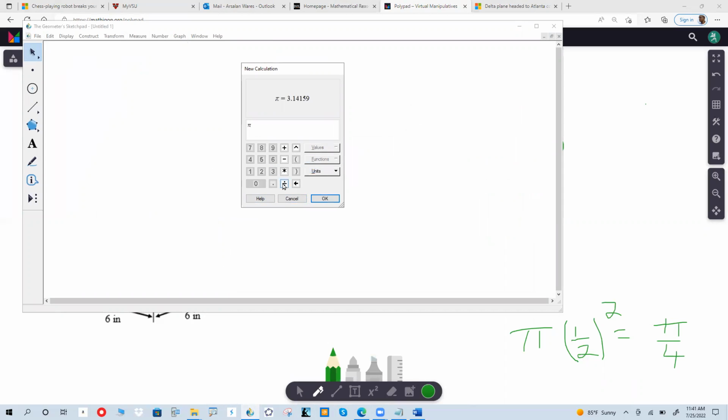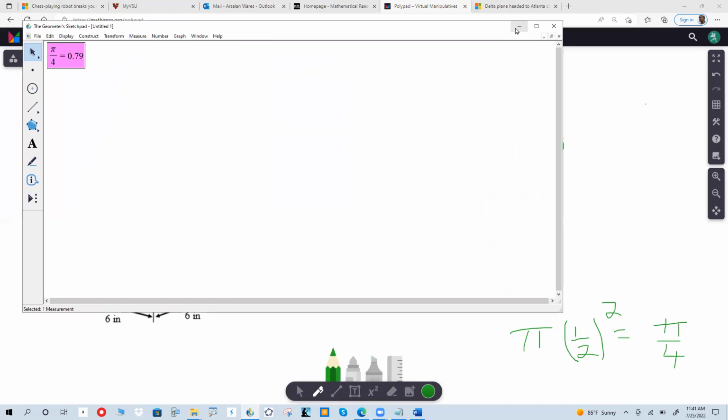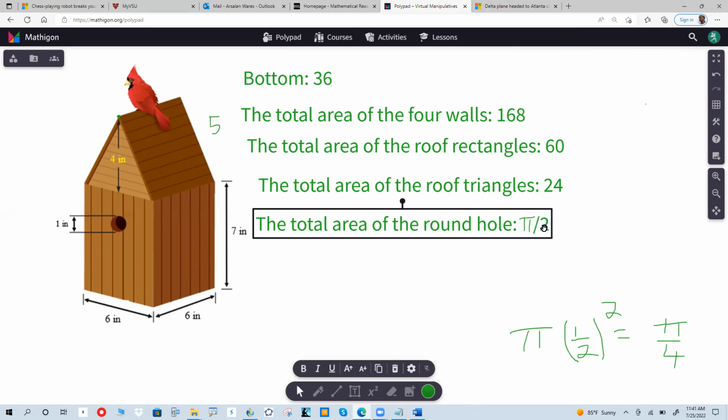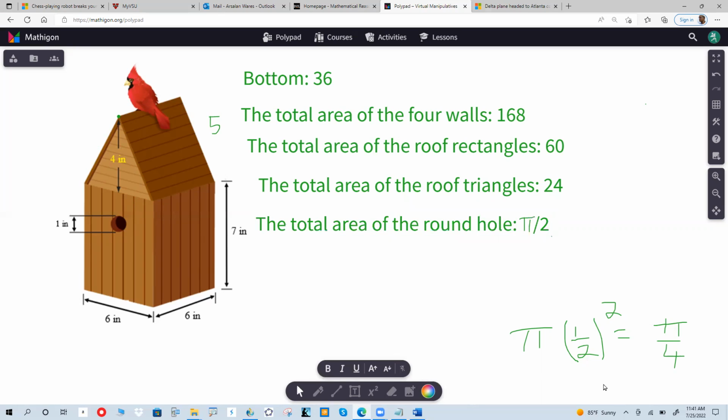I'm getting 0.79. That's good enough. I'm of course going to check my answer. If I made a mistake, I have to come back and fix it, of course. Don't worry about that too much.